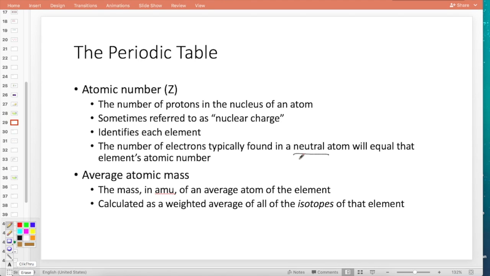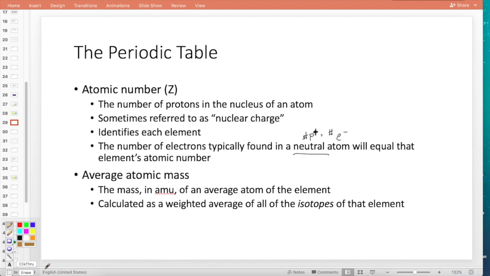The electrons. So typically speaking, the number of protons will equal the number of electrons. We're going to change that later and see that atoms can change their number of electrons, but for now, the number of protons in a neutral atom is going to equal the number of electrons because atoms sometimes prefer to be neutral. So that's the atomic number.